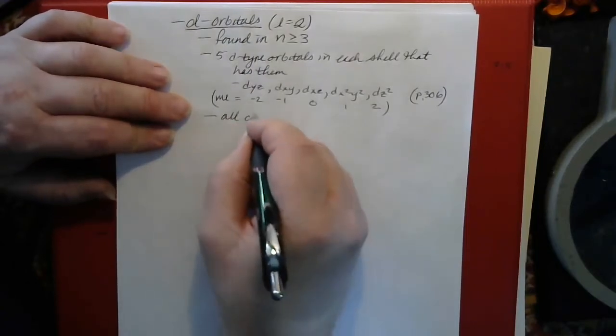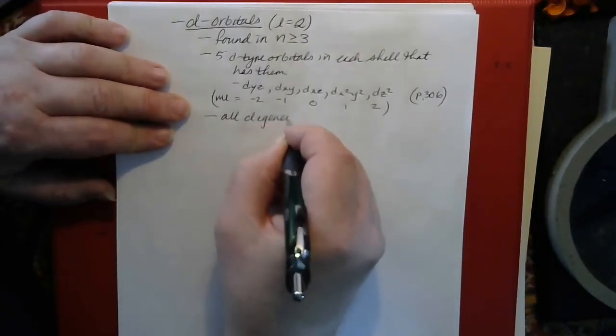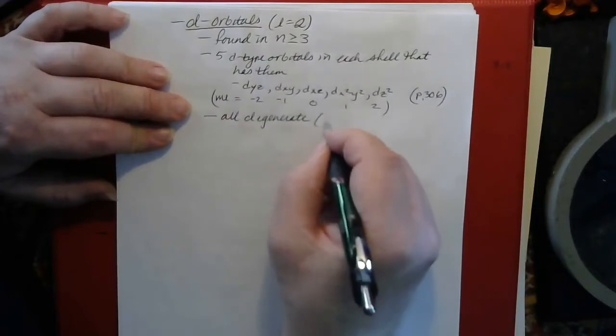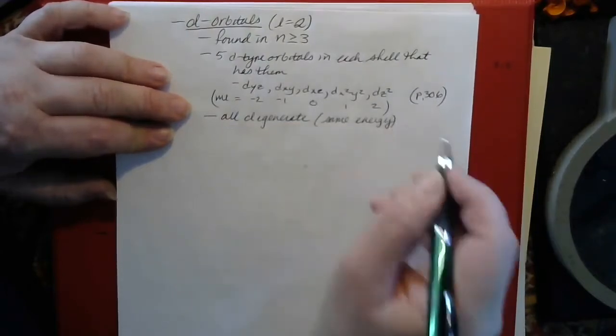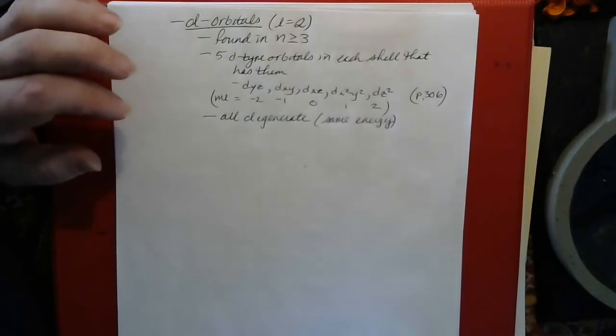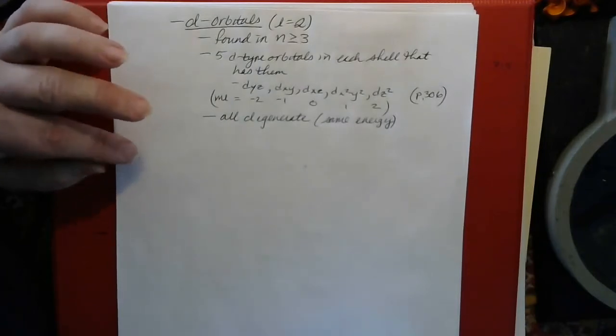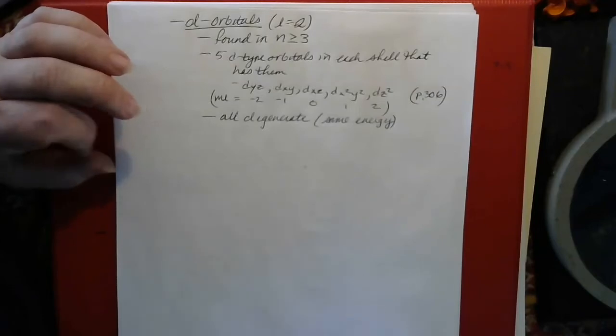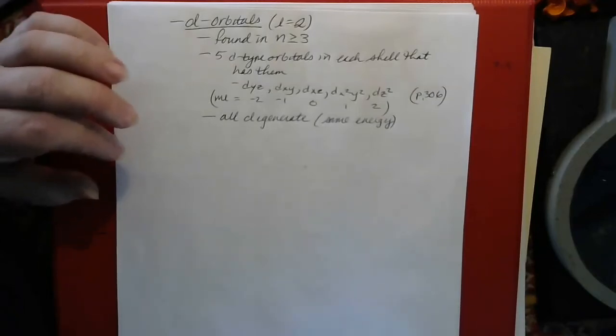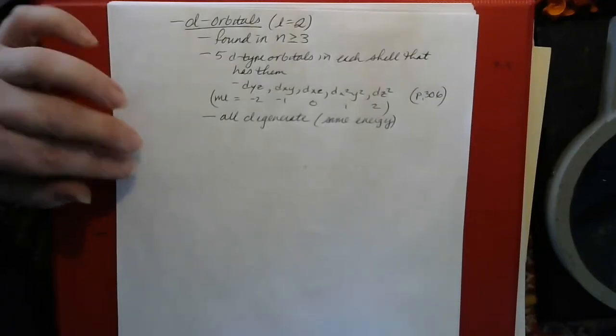Or in other words, all degenerate within a given shell. Of course, 4d orbitals have higher energy than 3d orbitals, but the 3d orbitals all have the same energy as each other, and the 4d orbitals all have the same energy as each other.